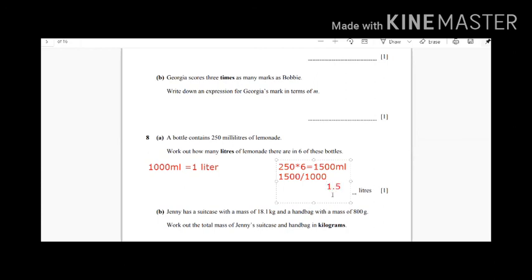Simple as that, right? So 1.5 liters is the answer. First of all, we have to check the unit required in the answer, and according to that we will work it out. Got it?